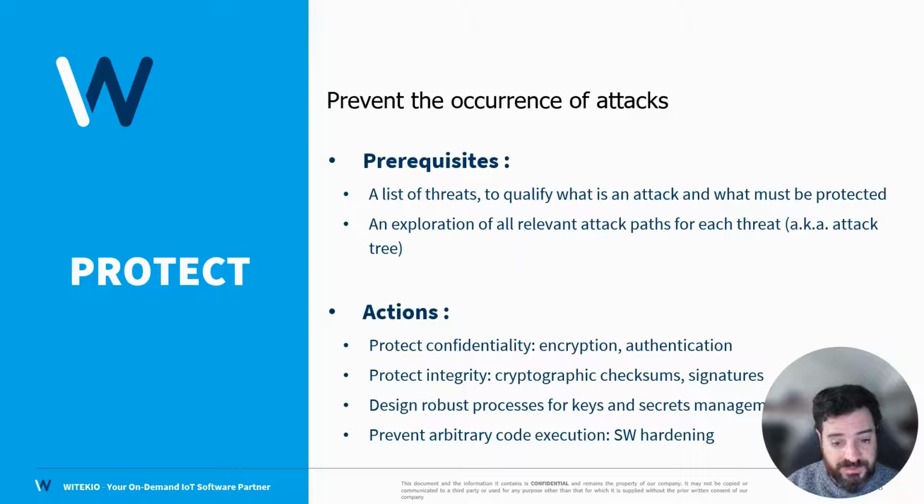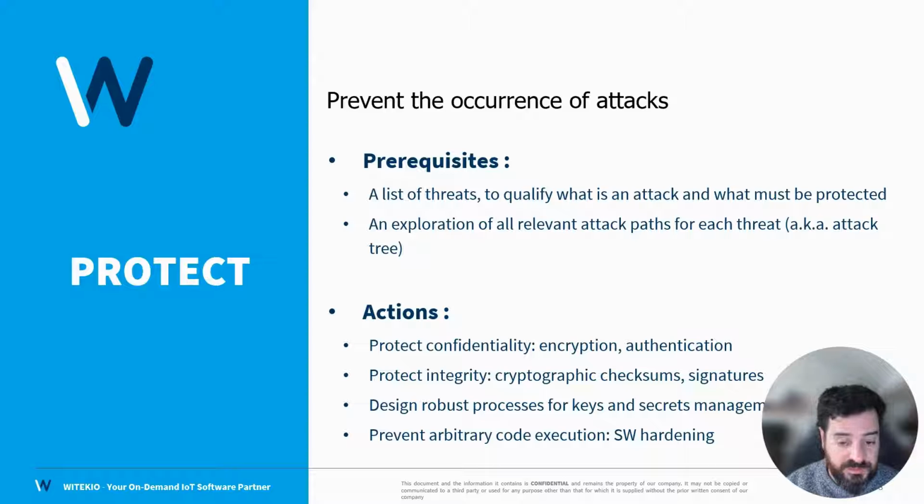Once we have this, we can take the following actions. We can protect confidentiality, and we will rely on encryption and authentication processes and mechanisms in order to ensure this. We will need to protect integrity, so we will use cryptographic checksums and signatures in order to ensure that the sensitive data cannot be modified by an unauthorized agent.